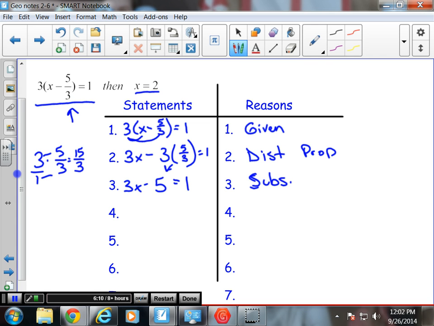Once we get to substitution now, we have to do something. We're solving for x. So in order to solve for x, you should know we have to get this 5 to the other side. We need to find x, get x by itself. So in order to get rid of a minus 5, we're going to have to add 5 to both sides. So we take 3x minus 5 plus 5 equals 1 plus 5.